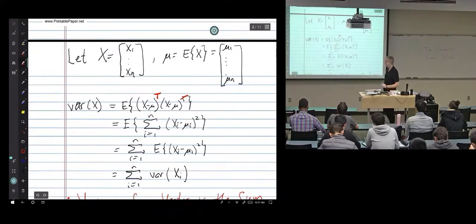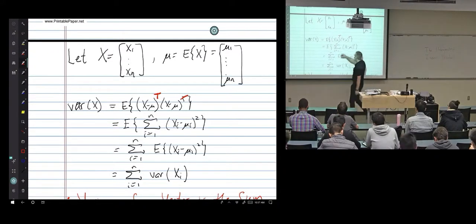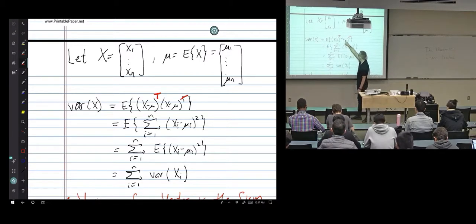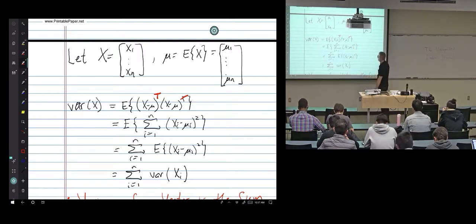Okay, so that's the variance now. Row vector times a column vector. The variance is a scalar. So it's the sum of the squares of the components, x transpose x. And expectation is an integral, and the integral of a sum is the same as the sum of the integrals.